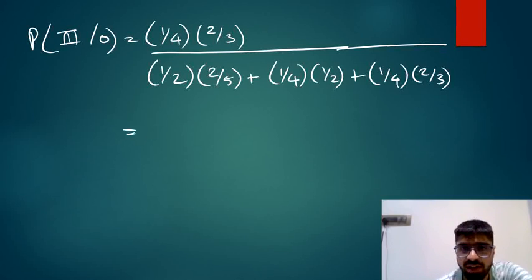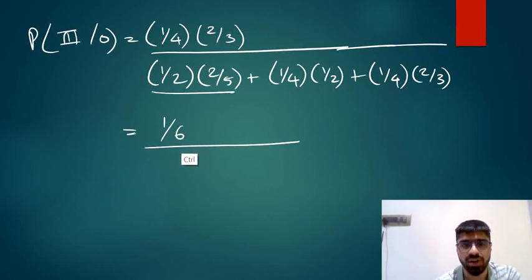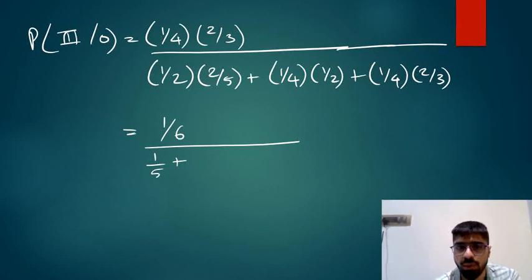So if you simplify that, you get in the numerator it is 1 by 6, the whole divided by this will be 1 by 5 plus this will be 1 upon 8 plus this will be again 1 upon 6 only. So 8, 6 and 5, the LCM, it's 120 only.